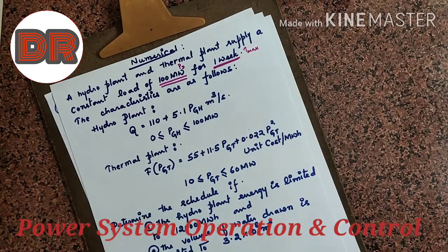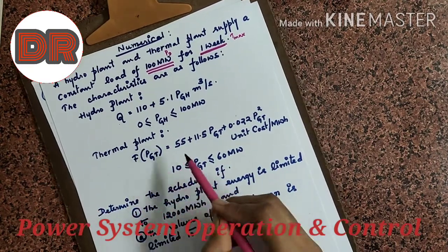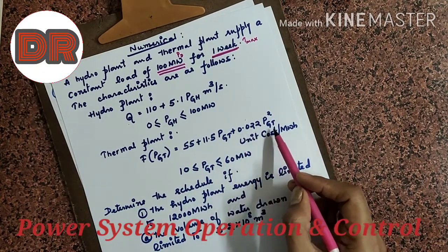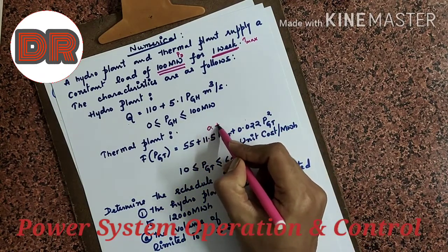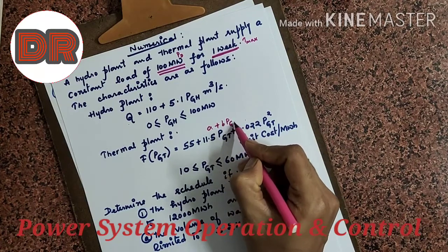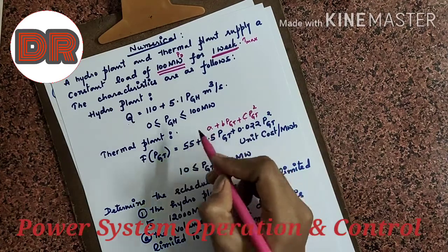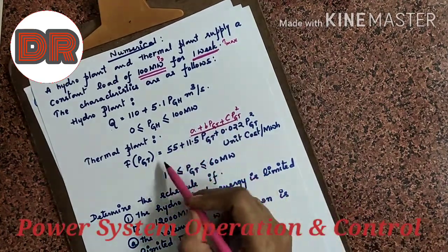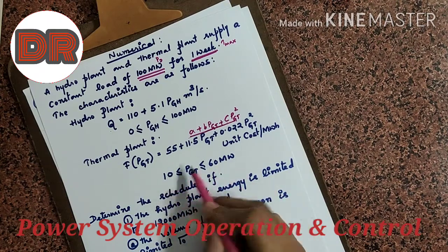For the thermal plant, the cost function is given: 55 plus 11.5 PGT plus 0.022 PGT square. This is in the format A plus B PGT plus C PGT square, an equation we have seen. Limits for PGT, the thermal power generation, are also given.